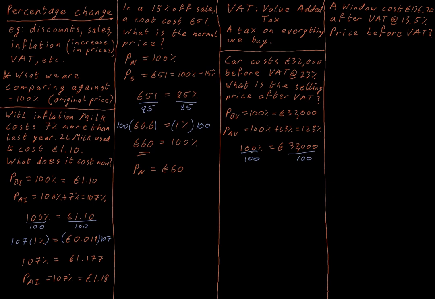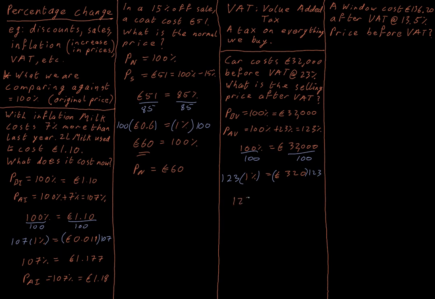So if I have 100%, I have to divide by 100. Any number divided by itself gives me 1. And I end up with 320 euro is 1%, and I want to get 123%, so I have to multiply my 1% by 123. And I have to multiply the other side by the same amount to keep my proportion the same.